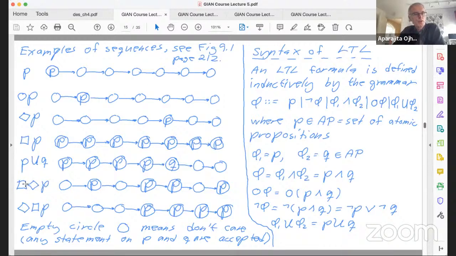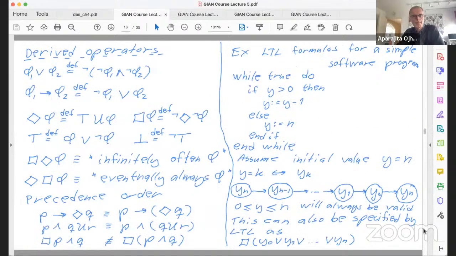But to skip the quantifier between these two, which actually has quite a strong meaning, that is something you cannot express in CTL. You must always have a quantifier before each modality in CTL.